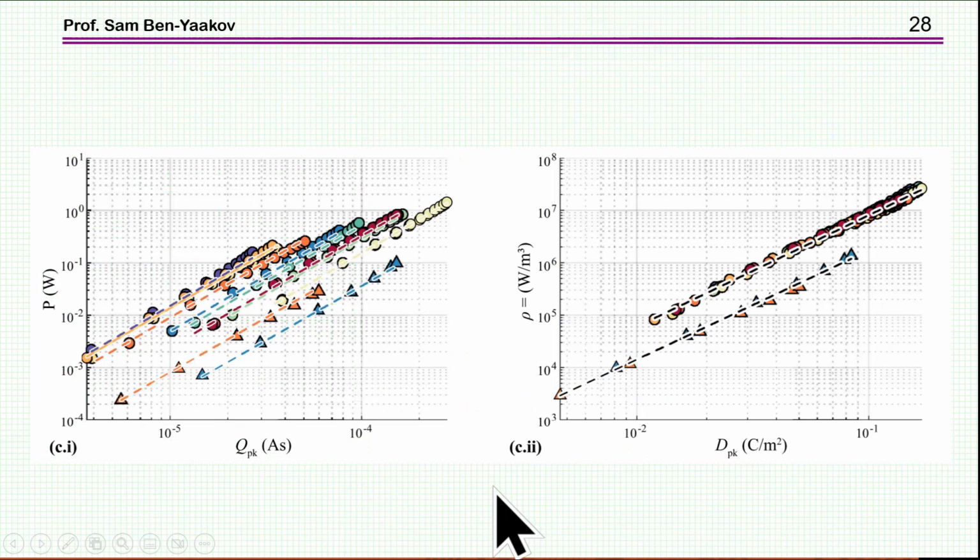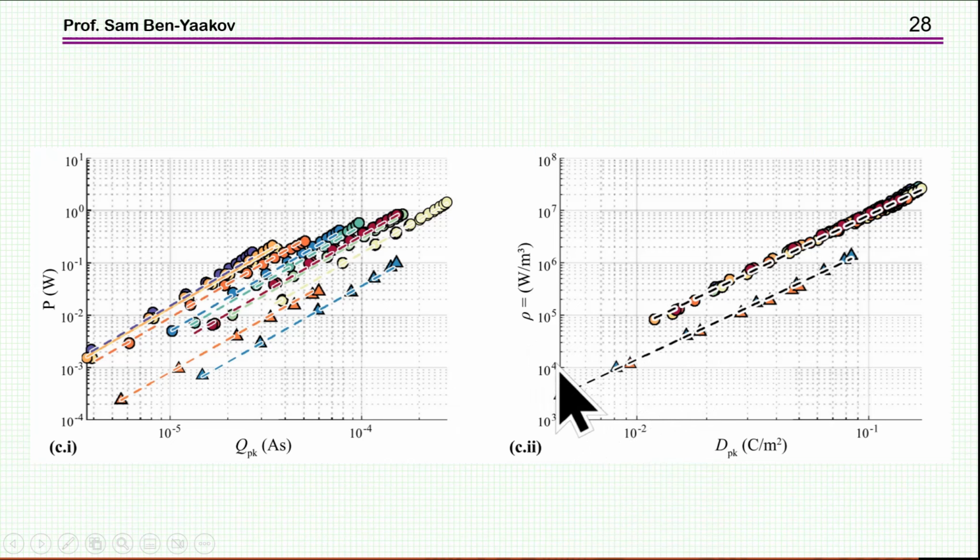And here are some of the results. These are experimental results. And I think it's very impressive to see that when you have the model based on the charge, you have for each capacitor a different line, because each capacitor has its own model, its own parameters. On the other hand, if you are using the material-oriented model, each material has its own line, and this will be for one material, and this is for another.